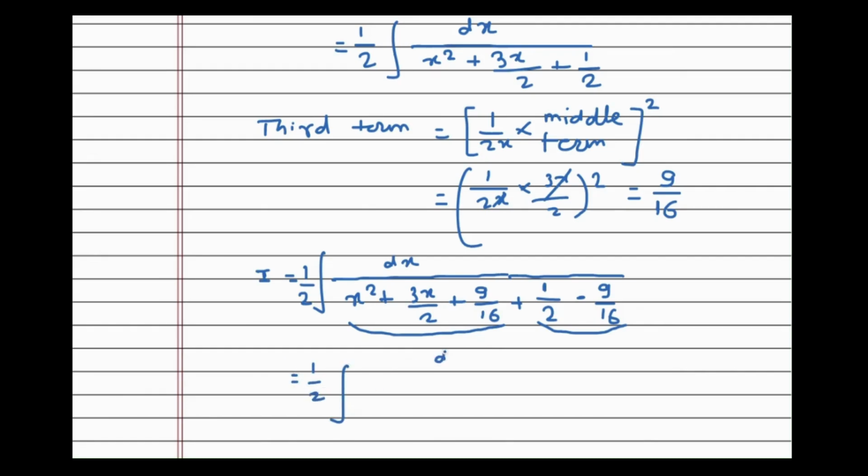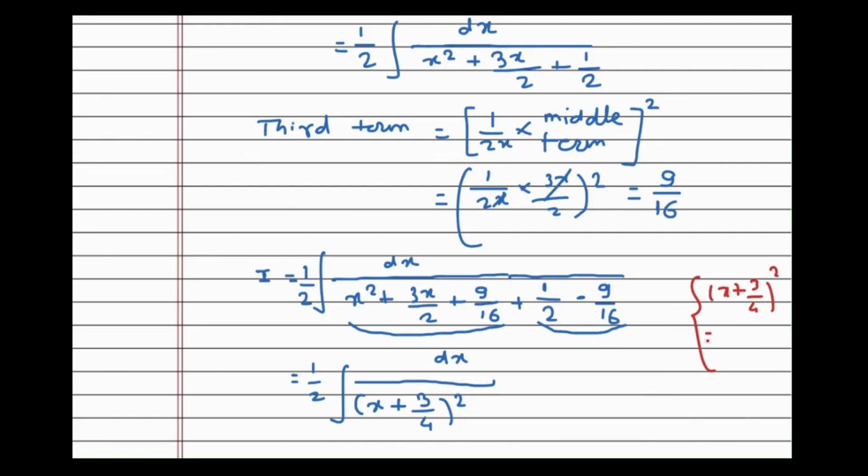Integration dx over. So the first three terms are a perfect square of x plus, take x from here, sign from the middle term, and the root of this, 3 by 4, whole bracket square. So let us check it. x plus 3 by 4 whole bracket square.